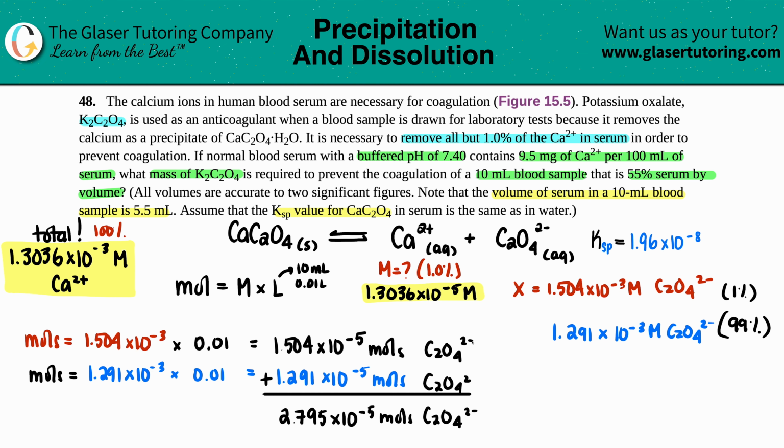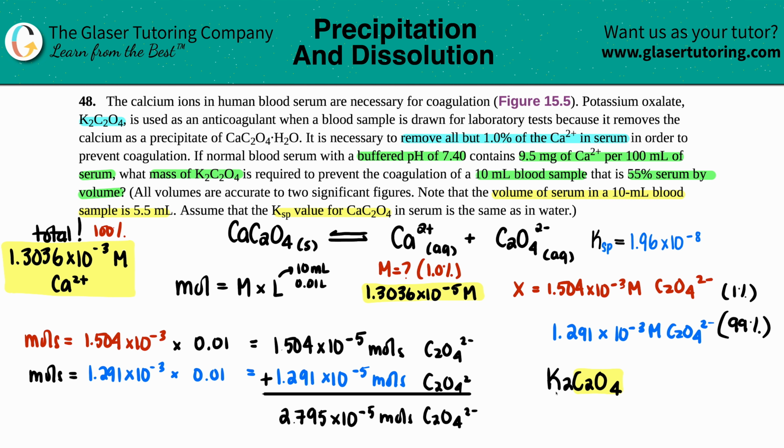Okay, now almost there. Let's just use our ratio. Remember, we still want to find out the mass of K2C2O4. So if I write down K2C2O4, right? And in one whole K2C2O4, I have one oxalate. I have one C2O4, right? So for every one K2C2O4, I just have one C2O4.